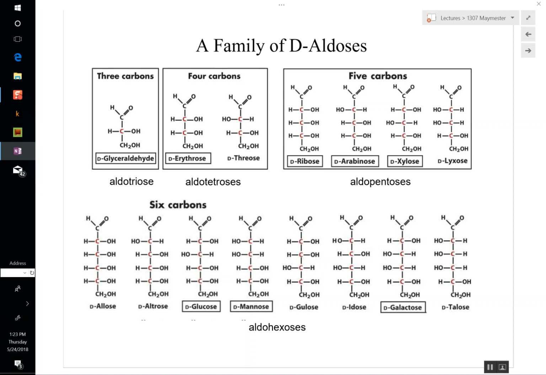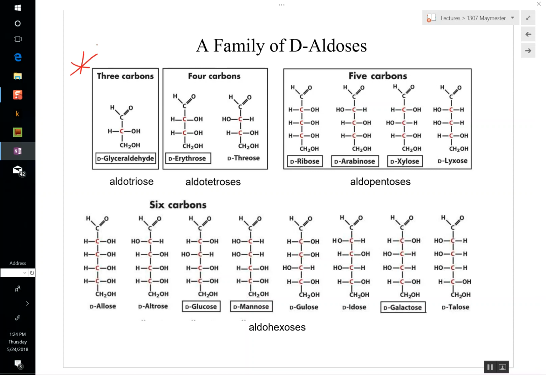A 3-carbon monosaccharide only has one chiral carbon. That's glyceraldehyde. There are 2 enantiomers, D-glyceraldehyde and L-glyceraldehyde. This slide is just picking up the biologically active monosaccharide. This exists in your body. Your body makes and uses D-glyceraldehyde. So this is one that you should memorize the structure of.